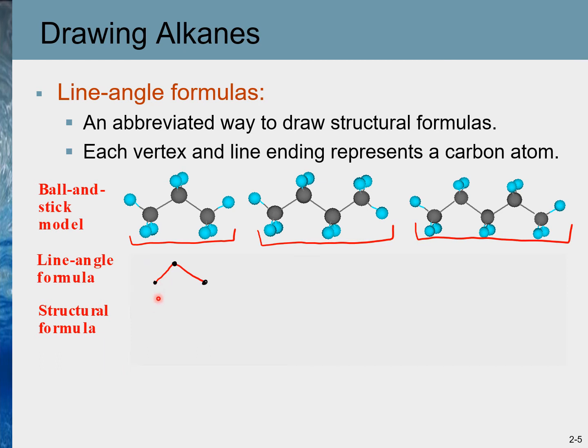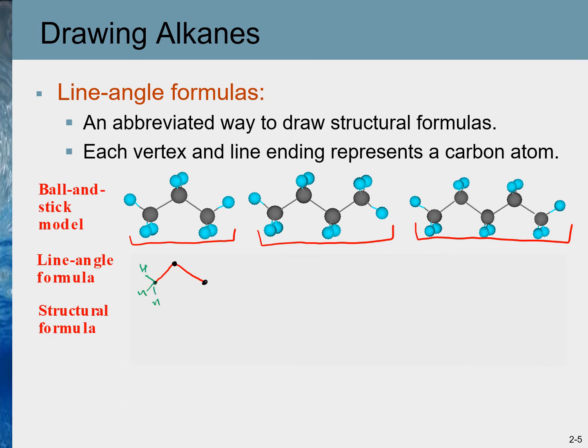For example, this carbon atom at the end is already bonded to another carbon in the middle, so it already has 1 bond, and we understand in tetrahedral geometry carbon needs 4 bonds, so the remaining 3 bonds are bonded to hydrogen, which are not represented. So it is understood that there are 3 more hydrogens connected here.